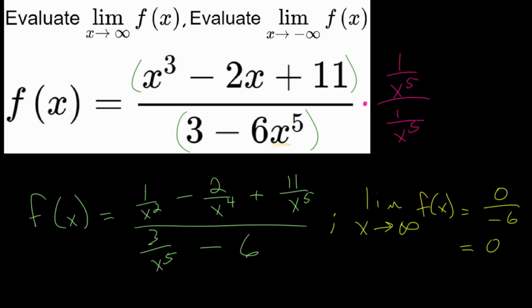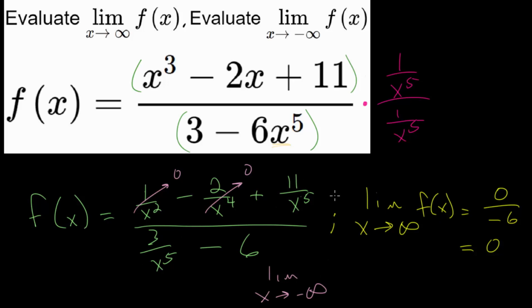And if we look at the limit as x approaches negative infinity, we'll see the exact same thing. With the even power terms, it will be identical since squaring a negative makes it positive. So we know for sure, based on the reasoning from this limit, that both of these will go to 0.